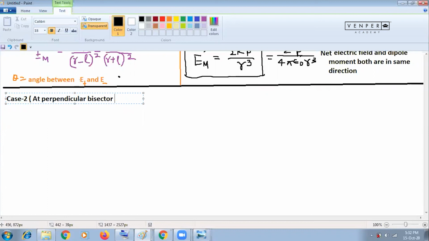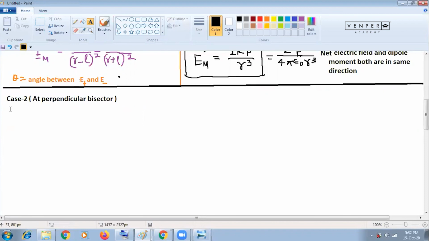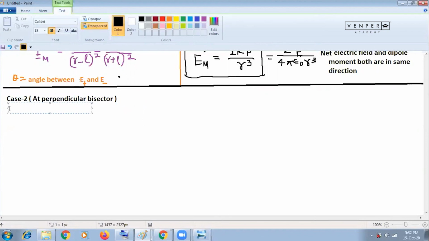Or you can tell this is the perpendicular bisector point. Otherwise, you can tell equatorial point. That is called the equatorial point. So that is along the axis, but it is perpendicular to the bisector.